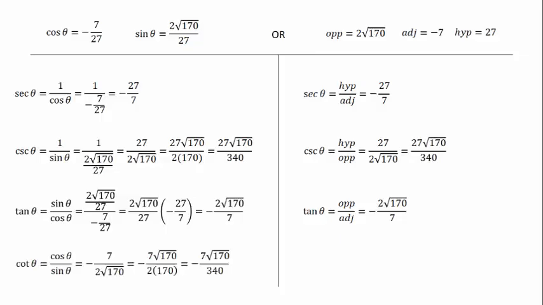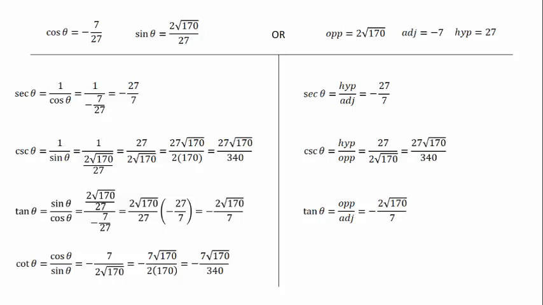Next, cotangent, the last one. Cotangent of theta is defined to be cosine of theta over sine of theta, which is the reciprocal of tangent. So plug those values in, negative 7 over 2 radical 170. Just like I've done before, multiply top and bottom by radical 170, simplify by multiplying the 2 times the 170 in the denominator, and then we get our answer, negative 7 radical 170 over 340.